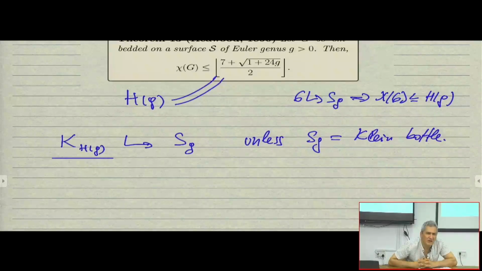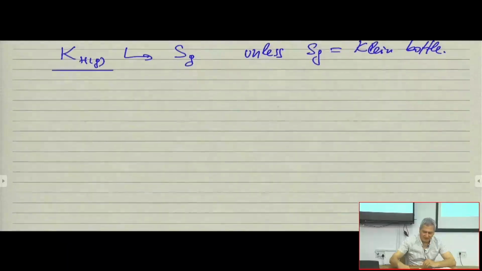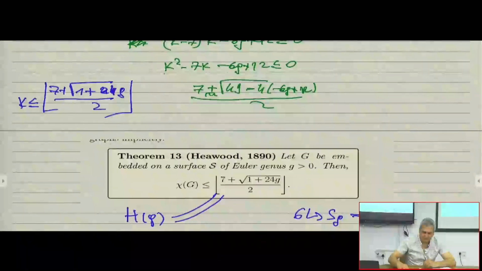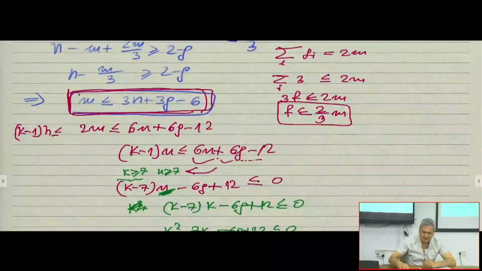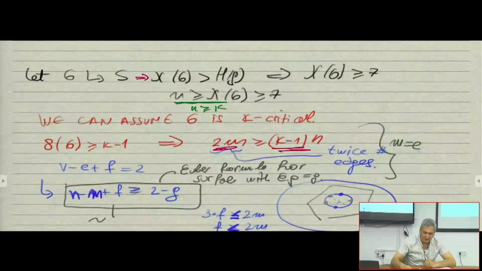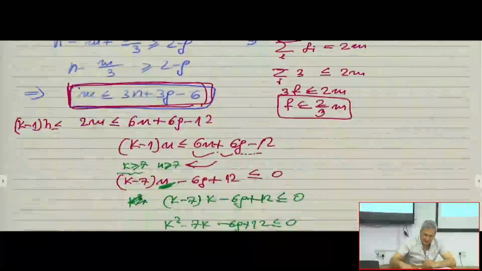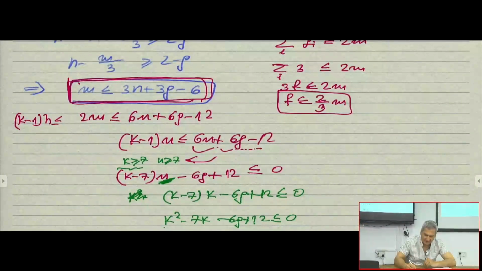Sorry? Why does this proof not work for the plane? This proof doesn't work for the plane, I think, because for the plane you cannot assume 7. You cannot assume 7, yes? And then this number k minus 7 will be, for other surfaces, non-negative.